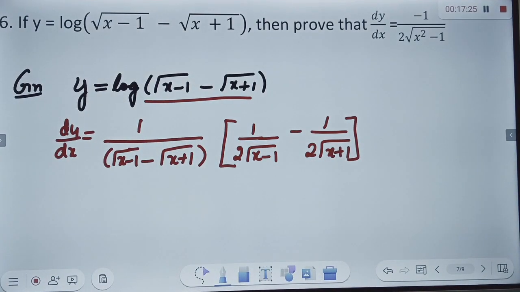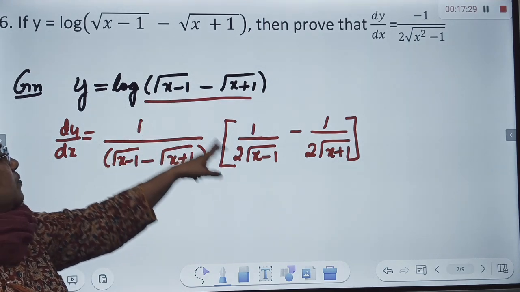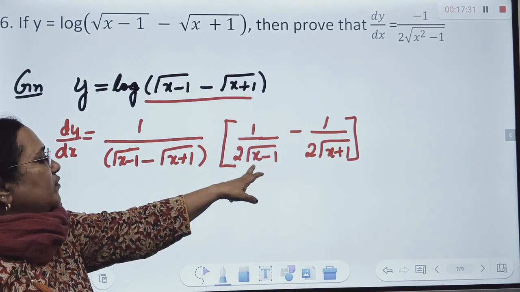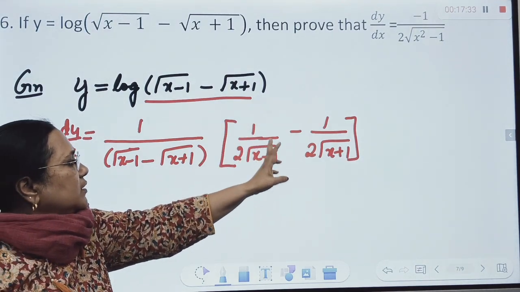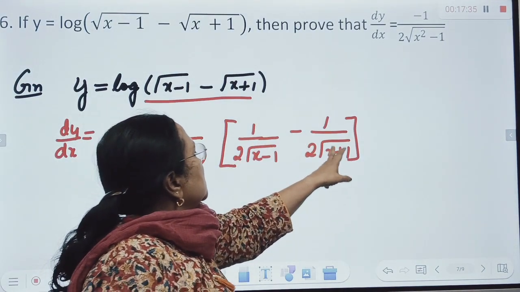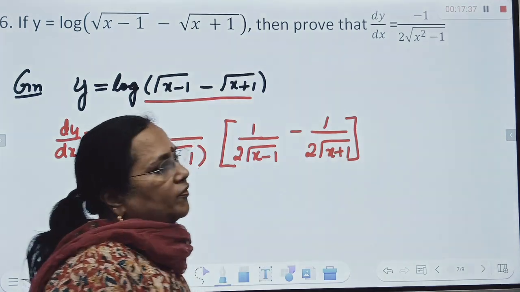So root x derivative is 1 by 2 root x. So root of x minus 1. Derivative of x is 1. So there is no other term. So this is again 1 by 2 into root of x plus 1.